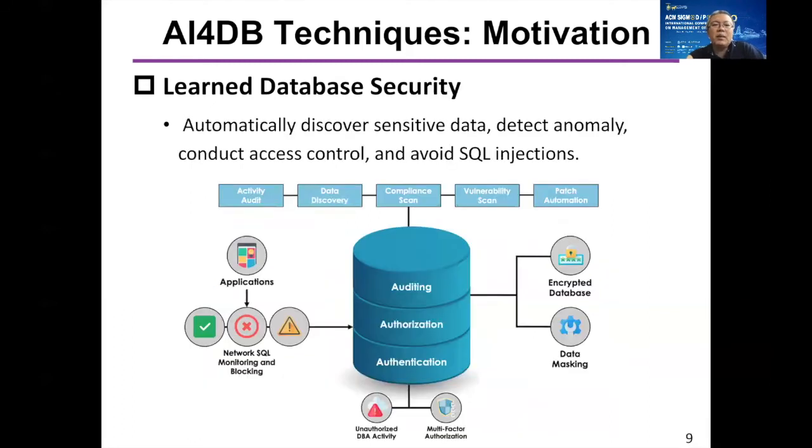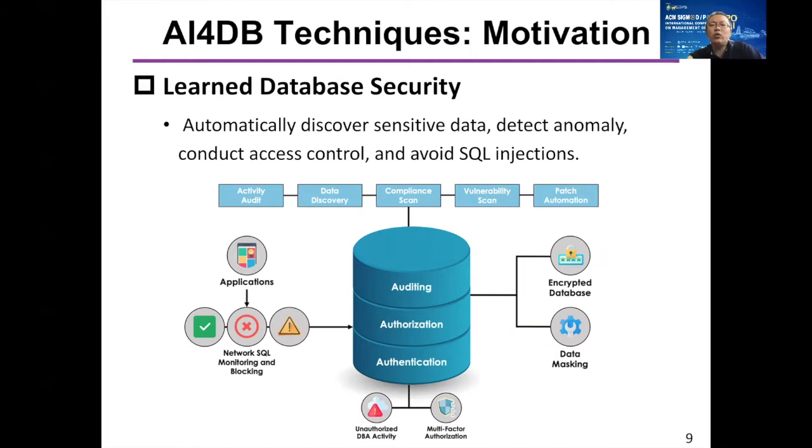And next is database security. Database security is also important. For example, how to automatically discover sensitive data and detect anomalies in the database. For example, whether some user wants to attack the database, and whether we can detect sensitive data, for example, card numbers and ID numbers.